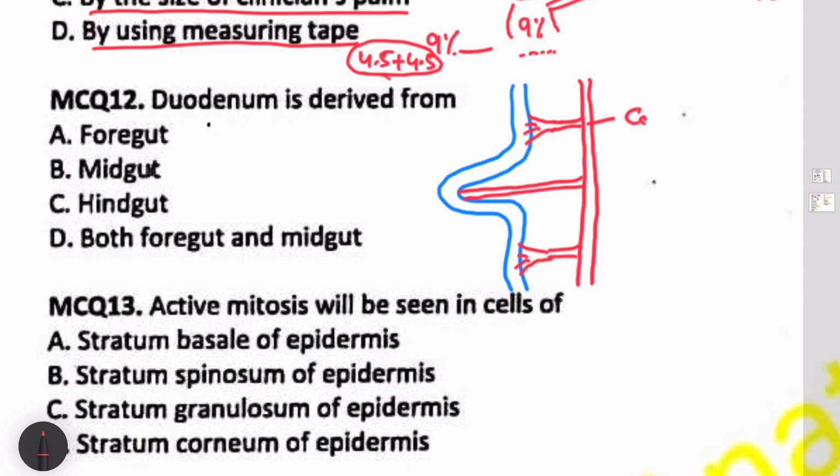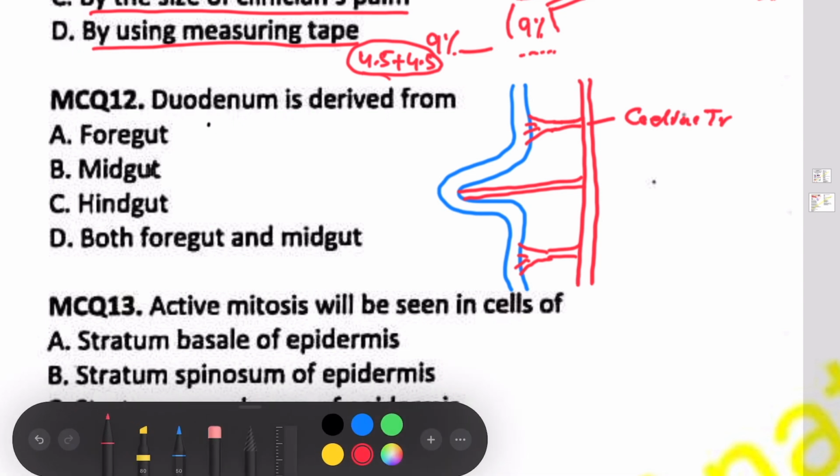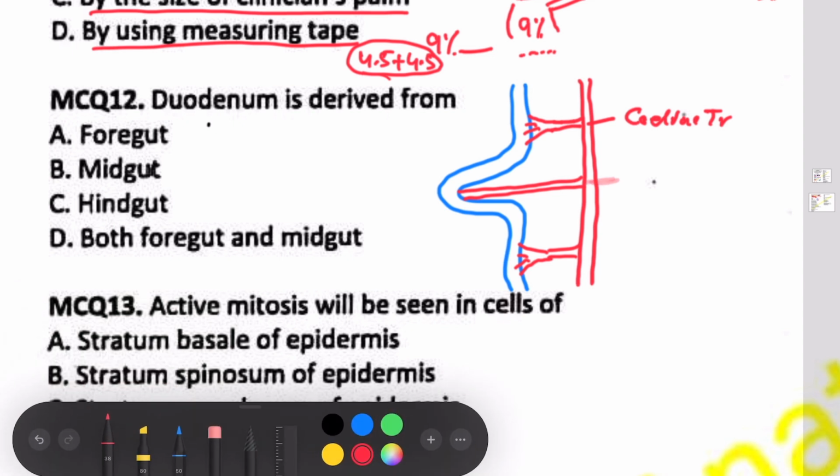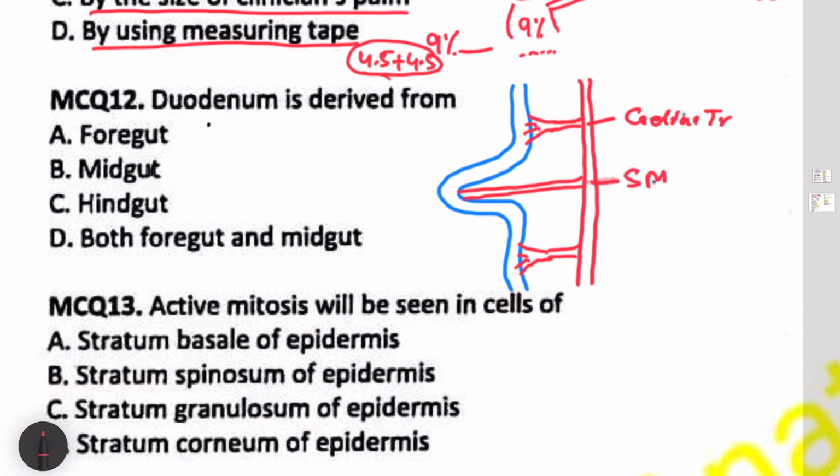This is the celiac trunk, and this is the superior mesenteric artery, and this is the inferior mesenteric artery.